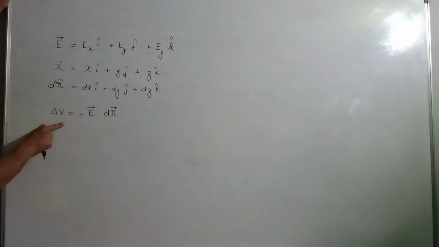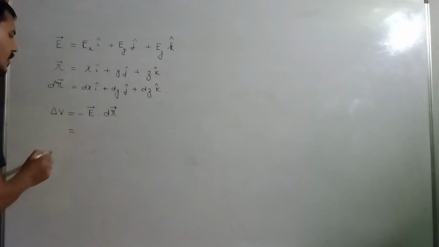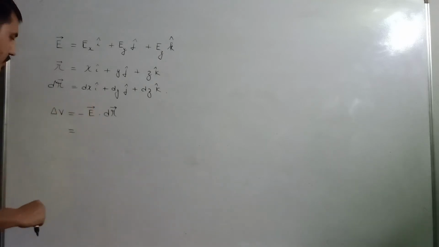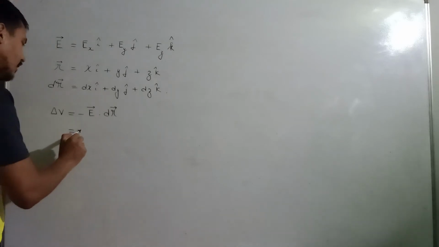Electric potential difference between any two points is given by minus E dot dr. If you consider only the magnitude, you can just leave out the negative sign, but I'm just taking it into account, okay?